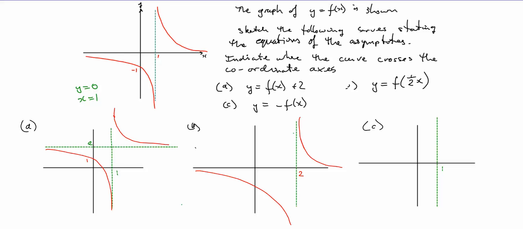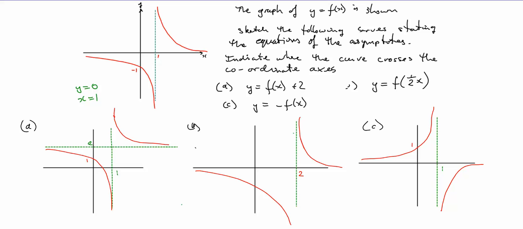The one in the top right quadrant will go down to the bottom right quadrant, like that, and the one down in the bottom left quadrant will be reflected up to the top left quadrant, like that. In fact, the point 0, minus 1 will be reflected to the point 0, plus 1.